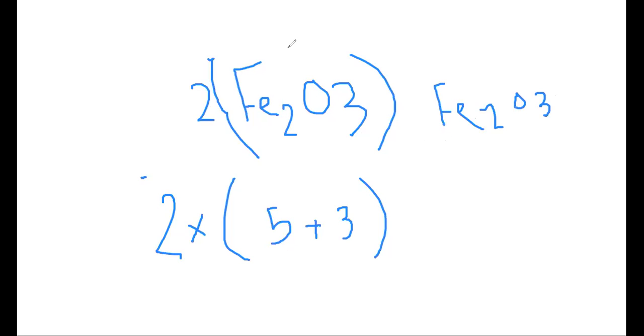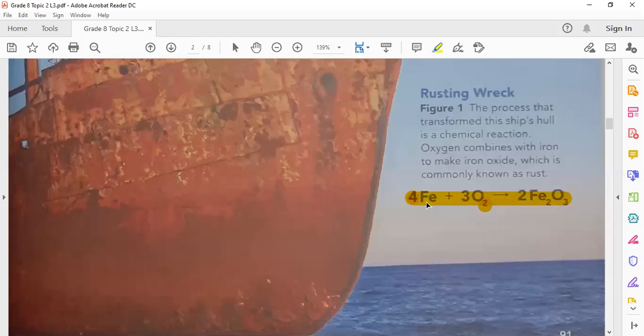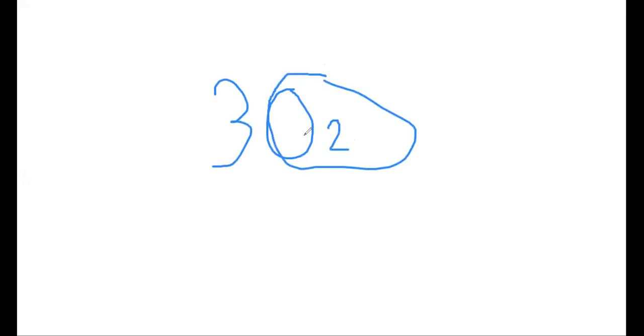The same thing for this. Look, we have 4 iron atoms. Here we have 3 oxygen molecules or 6 atoms of oxygen. 3O2 means 3 molecules of O2.